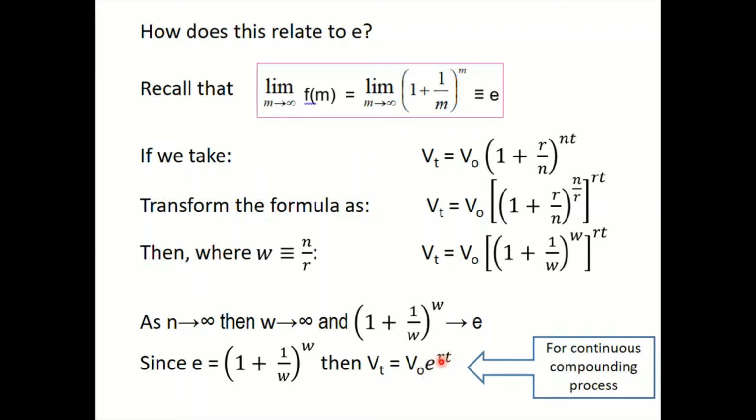And r is the annual interest rate, and t is the number of years that you are investing for. So this formula and the number e are very important when we have a continuous compounding process, when interest is being continuously added to our investment.